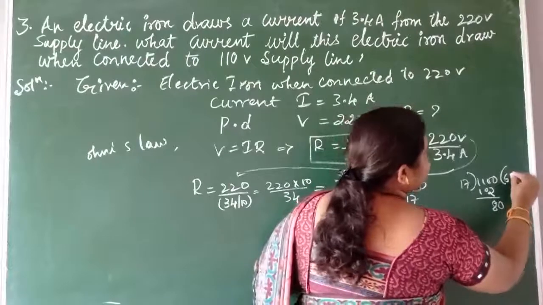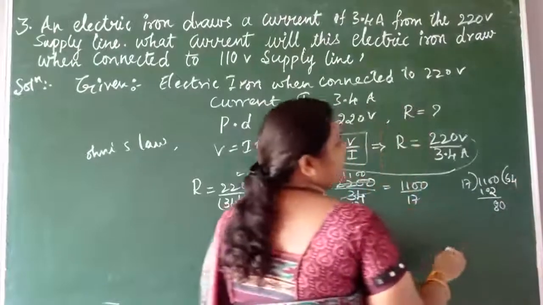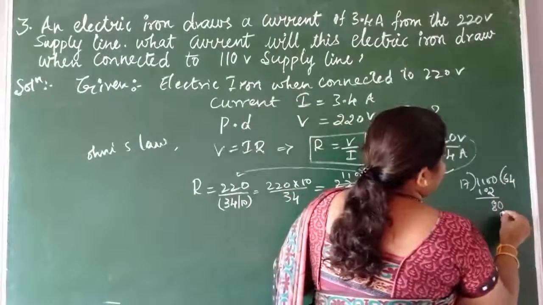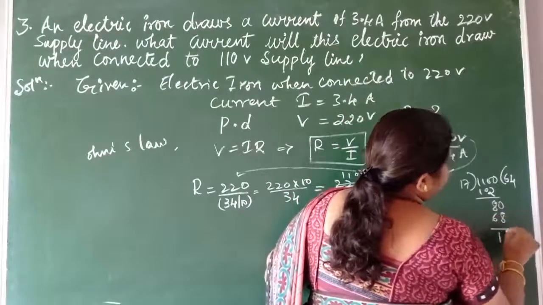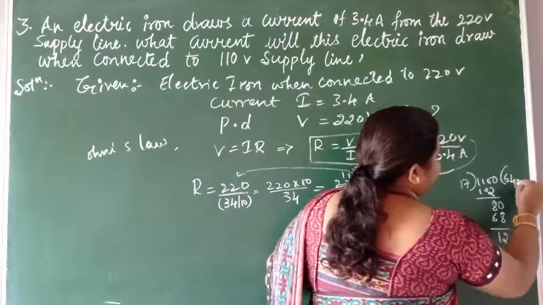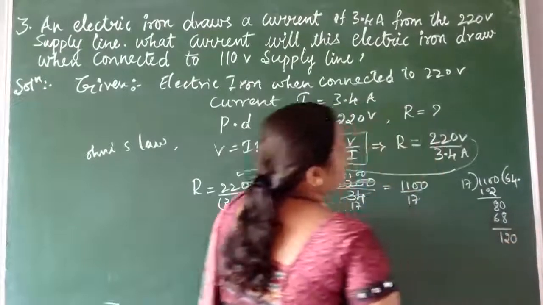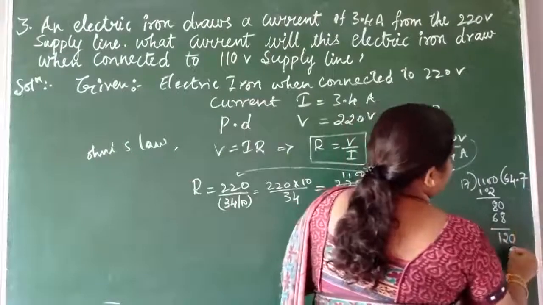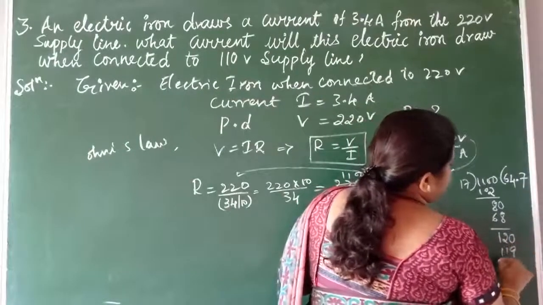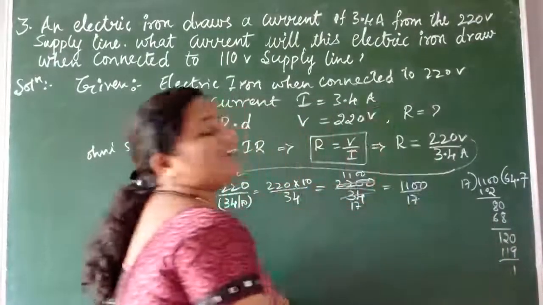Now 17 fours we can divide, isn't it? Then 1 and 2, if we keep a point it becomes 120. Then 7, isn't it, children? Like that it continues.